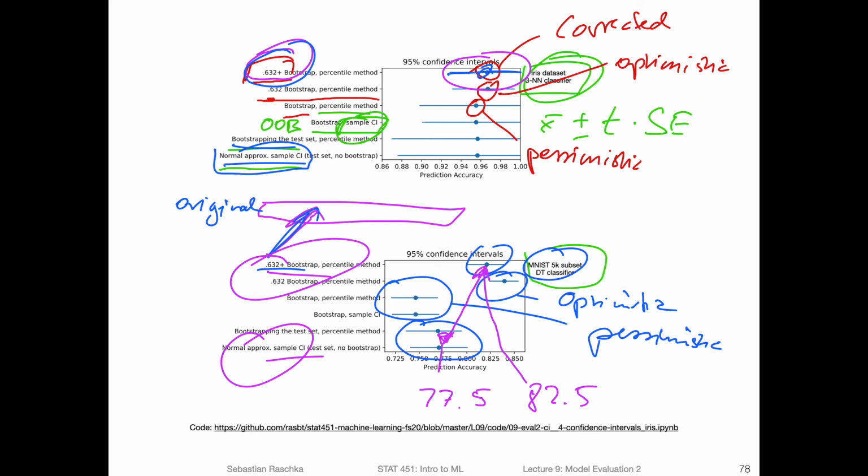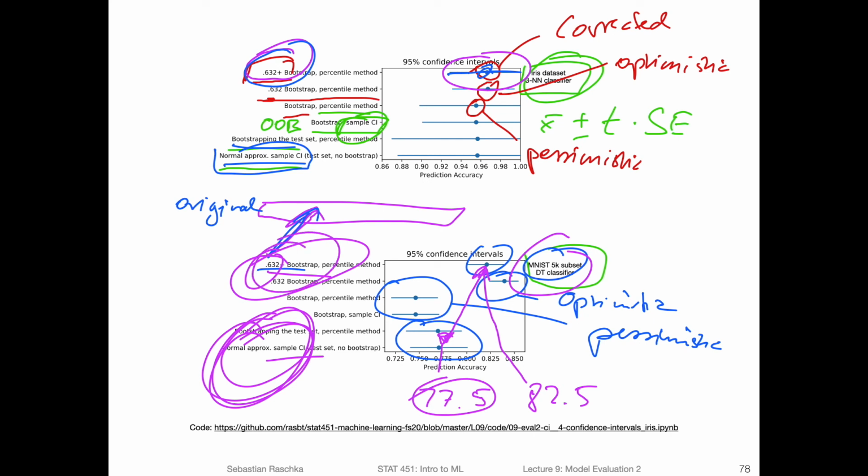But I really recommend using the 0.632 plus method if you can, because it has been developed for that. Given that it's a decision tree, which is noisy, on MNIST this can just be bad luck due to variance, because when you split the data set into a training and a test set, there might be some variance, so it might be coincidental here.